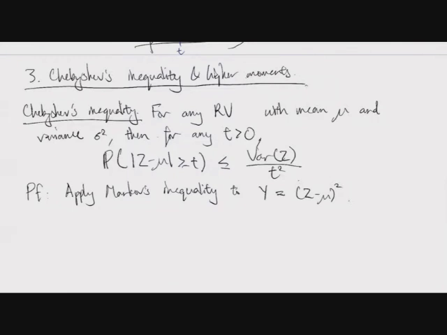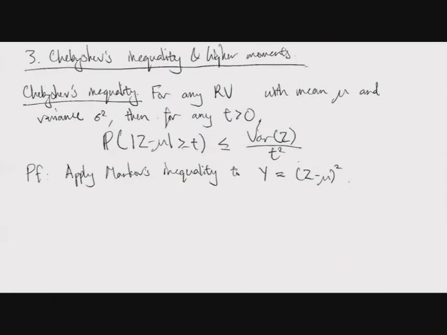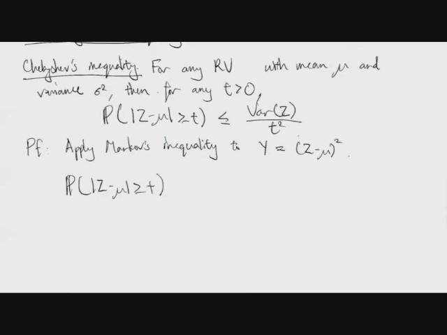Now we see that this Y satisfies the assumptions of Markov's inequality, in the sense that this is a non-negative random variable. So that's the idea. Now let's put it into action. We start with the left-hand side of the above, and now we have to transform it so that we obtain our value of Y. How do we do that? We just square both sides.